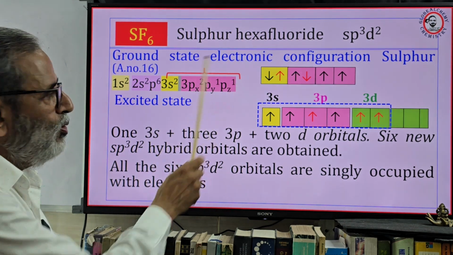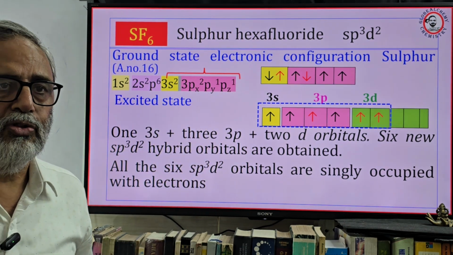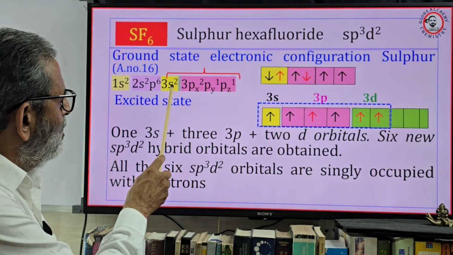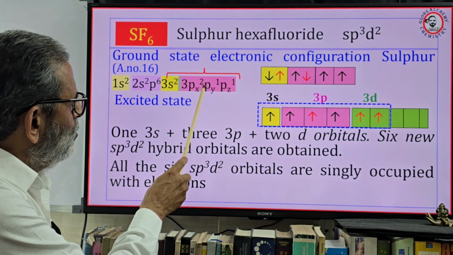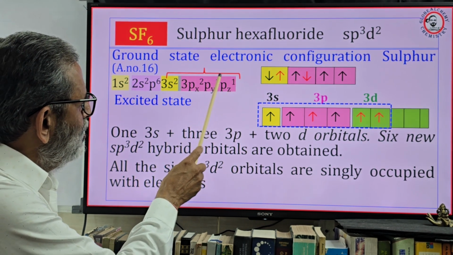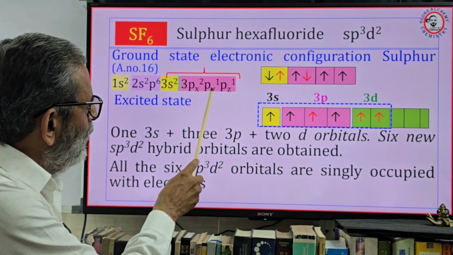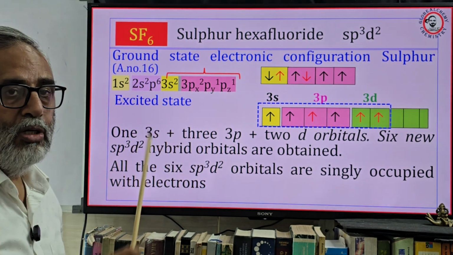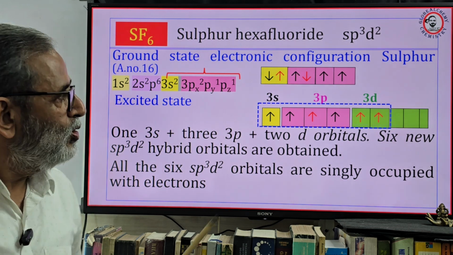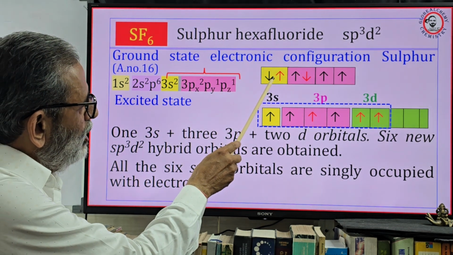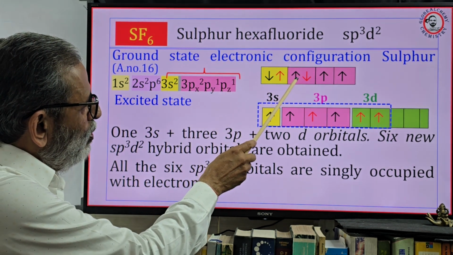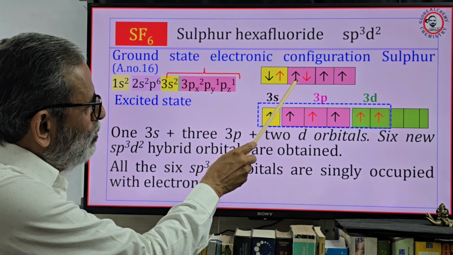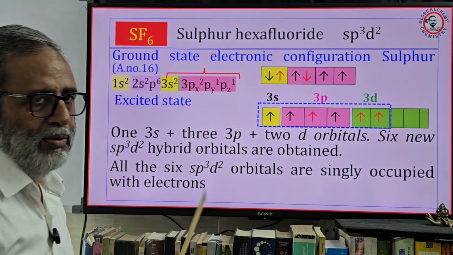So the ground state electronic configuration of sulfur, if you see here, in the third shell it is 3s2, 3px2, 3py1 and 3pz1. There are only 2 unpaired electrons, but sulfur is bonded to 6 fluorine atoms. So 1 electron from 3s and 1 electron from 3p have to be promoted to the 3d orbital.